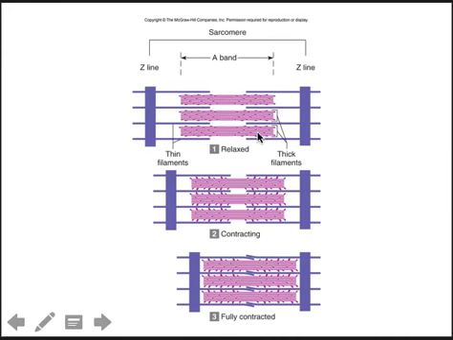So acetylcholine binds to receptors on the sarcolemma. It stimulates the release of calcium from the sarcoplasmic reticulum. The calcium then binds to the actin filaments at troponin, causing the active sites to be revealed so that actin and myosin cross-bridging can occur. Myosin cross-bridges attach to the actin active sites using ATP for energy.